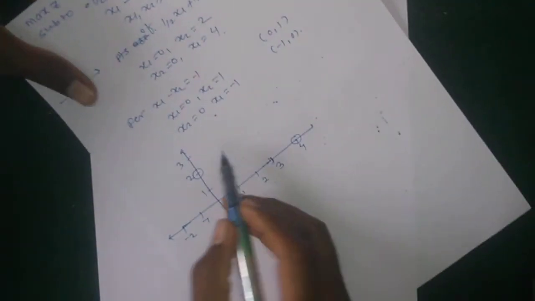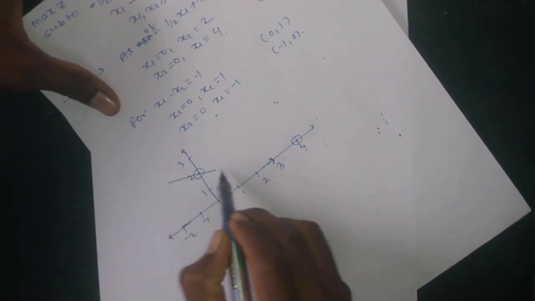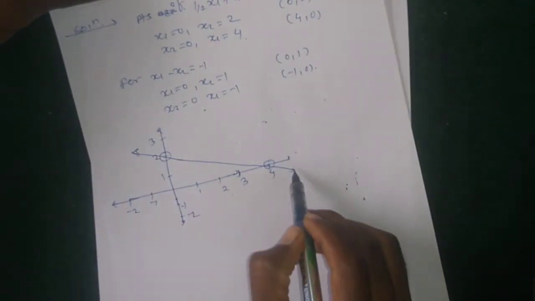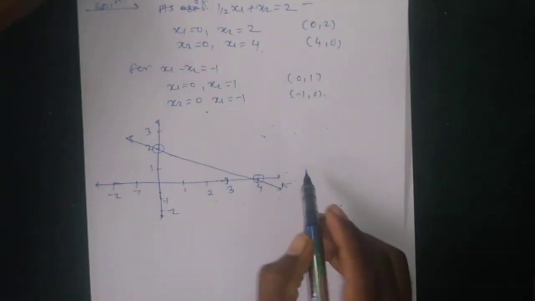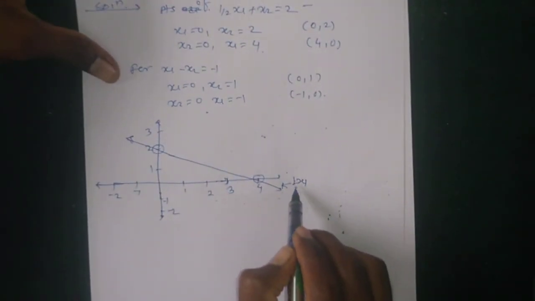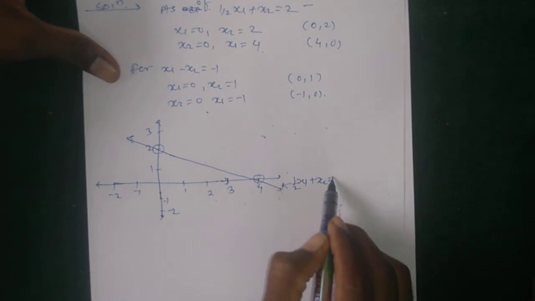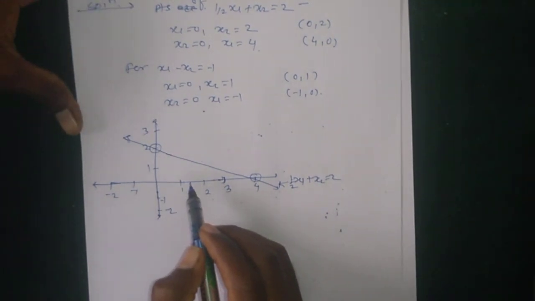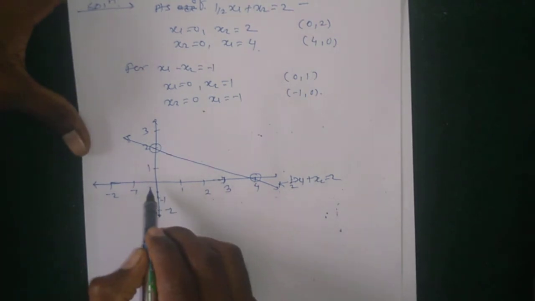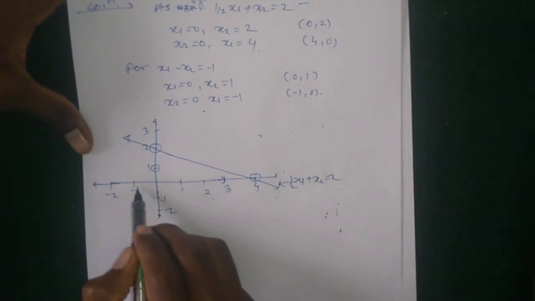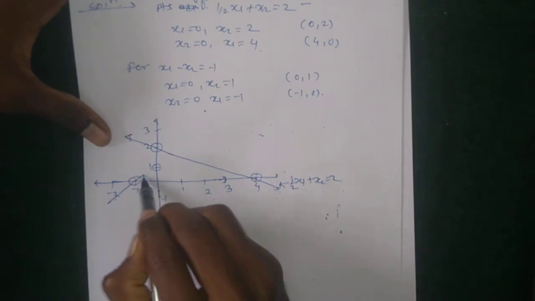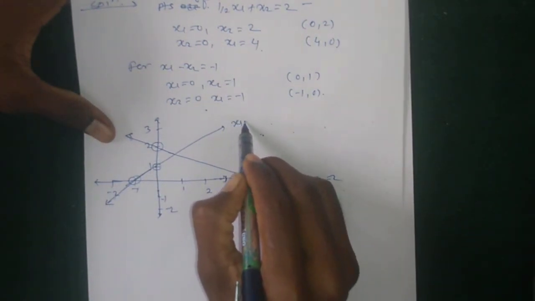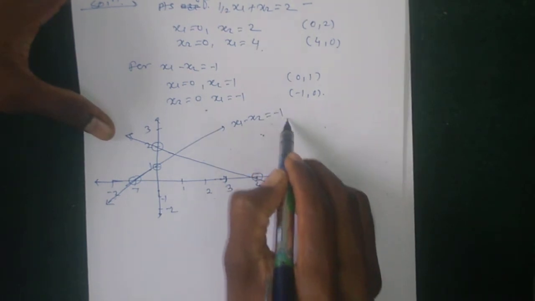Joining these two points, this line is 1/2 x1 plus x2 is equal to 2. And then the next line is x1 minus x2, their points are (0, 1) and (minus 1, 0). So their line is in this way. This line is x1 minus x2 is equal to minus 1.